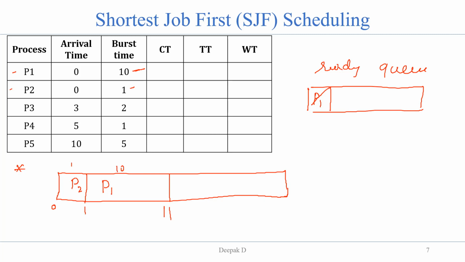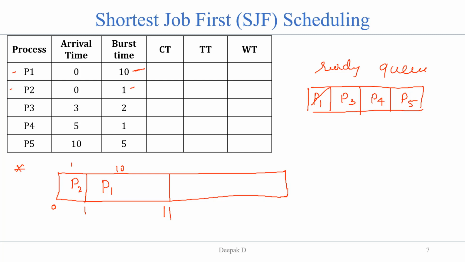Meanwhile, as process P1 completes its execution, the remaining processes have arrived and are waiting in the ready queue. Which are those? P3 has arrived, P4 has arrived at the 5th millisecond, and P5 has arrived at the 10th millisecond.